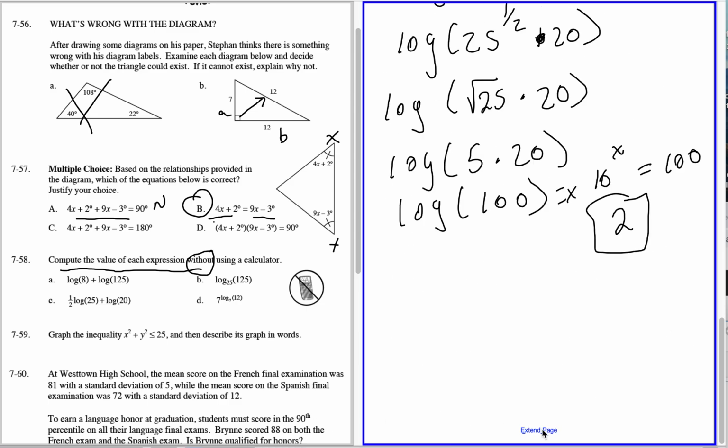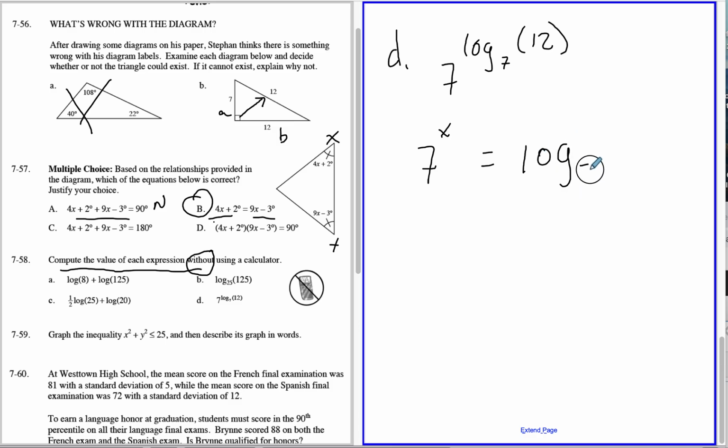For D, we have 7 to the log base 7 of 12. We can rewrite this. 7 to a number equals the log of base 7, 12.